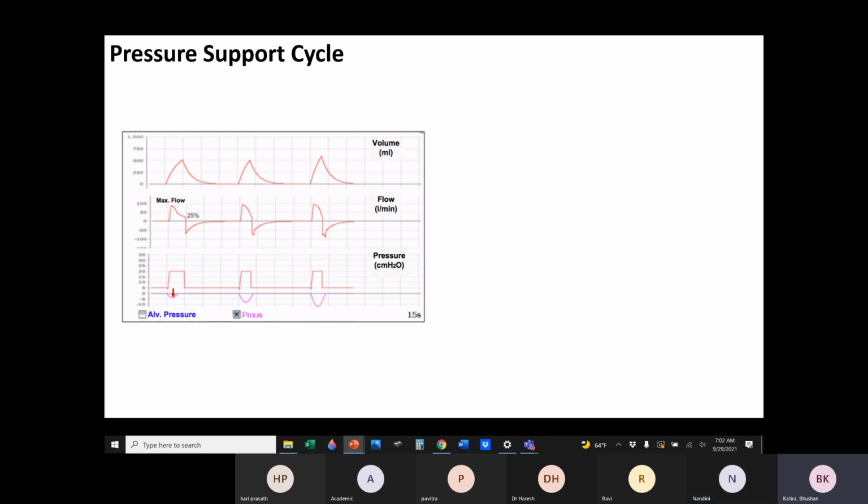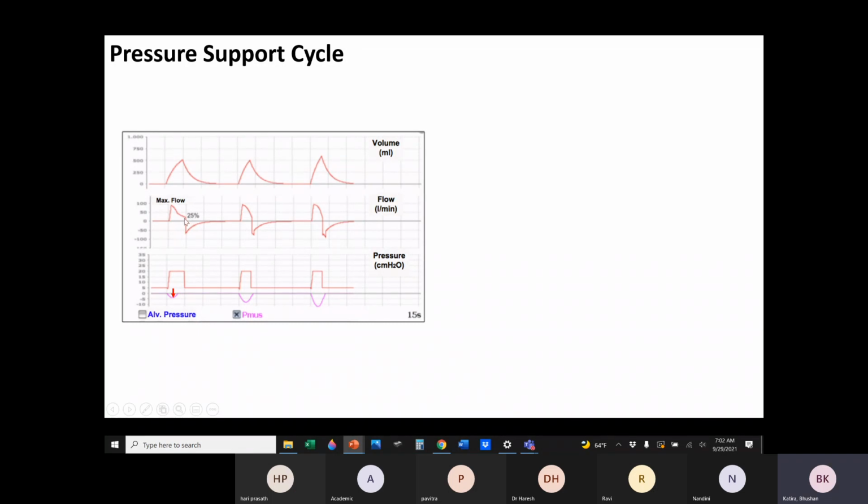Sure. Now, what is pressure support? The pressure support cycle is not truly very different from pressure control. Of course it is different, but not truly. What happens is you set a support value, and what you set is the inspiratory flow termination, which is set as a percent of peak inspiratory flow.